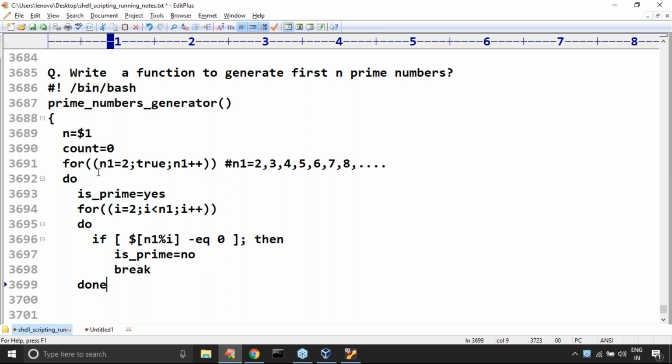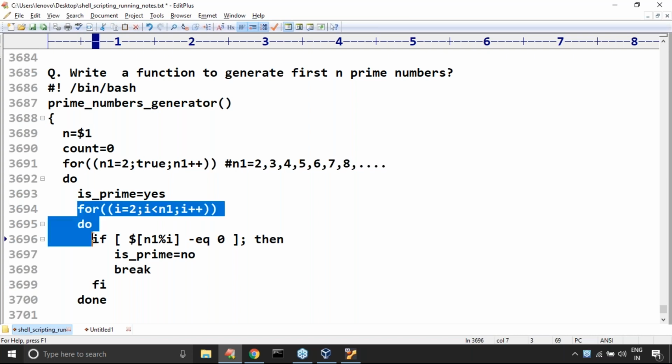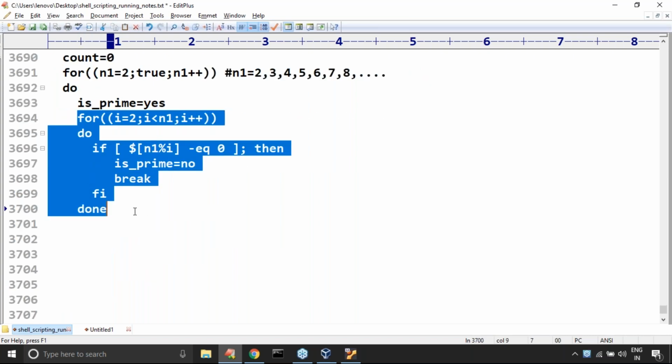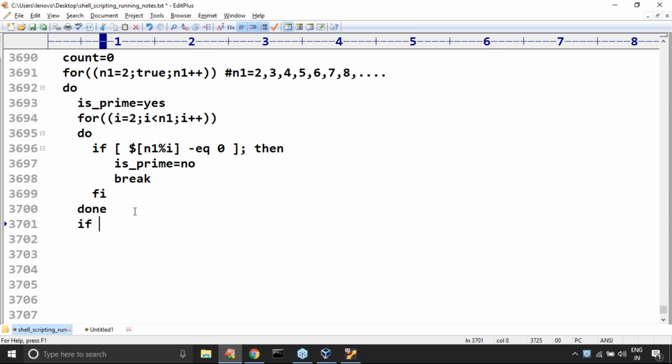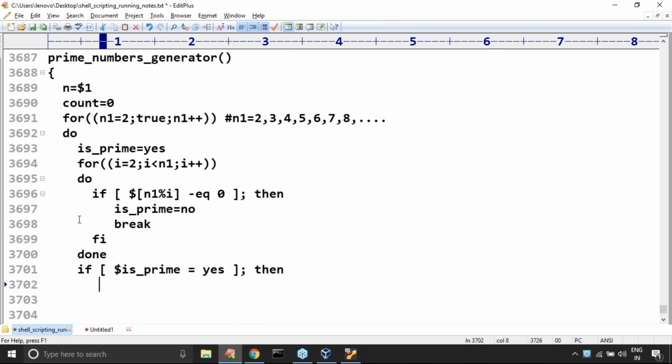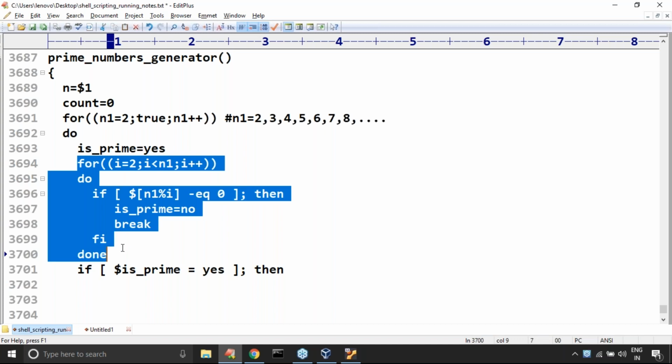Now observe, this checks whether n1 is prime or not. This for loop continued, but still if is prime is equal to yes, then n1 is the prime number only, you can't find from 2 to n minus 1 any other factor.